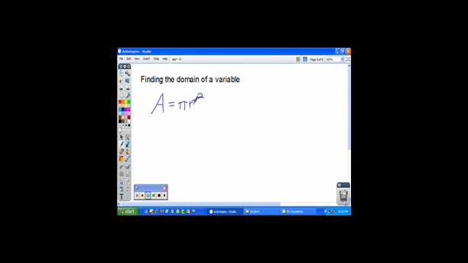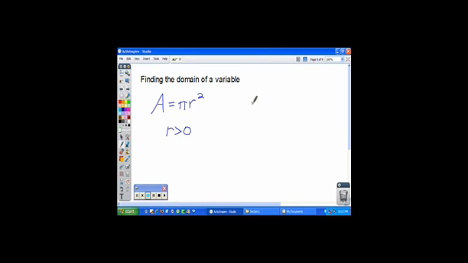Well, if you didn't know that this was talking about a circle, you would say r could be anything, because, I mean, you can square any number you want. Nobody's going to come along and arrest you for squaring certain numbers. But because it's a real-world problem, we know that r can't be 0 and r can't be negative. r has to be greater than 0 because it doesn't make sense to talk about circles with a radius of 0 or negative. So sometimes the real-world problem itself determines your domain.